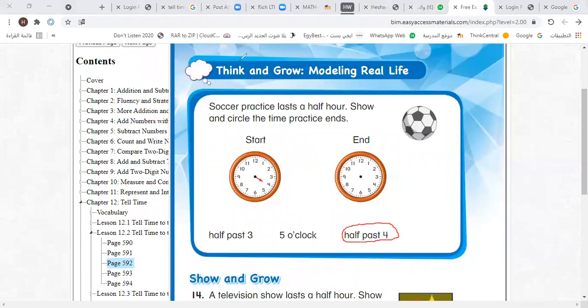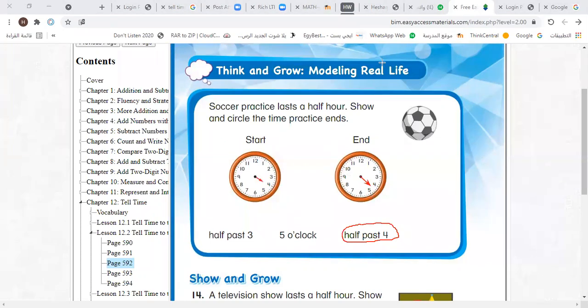Now let's draw the hour hand. To draw the hour hand to show half past 4, make the hour hand at the halfway between 4 and 5. Make it like this, between 4 and 5. This is half past 4.